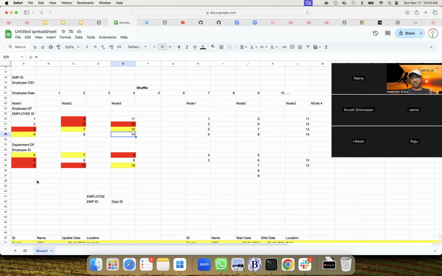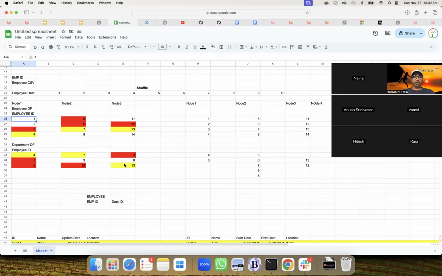Then there is another data set, the department. On node 1, I have 3 departments: 4, 5, 6. On node 2, I have 3, 7, 9, 12. And on node 3, I have 3, 8, 13. So I'm joining these two data sets. When I'm joining, employee 1 is on node 1. It has to join with the department.